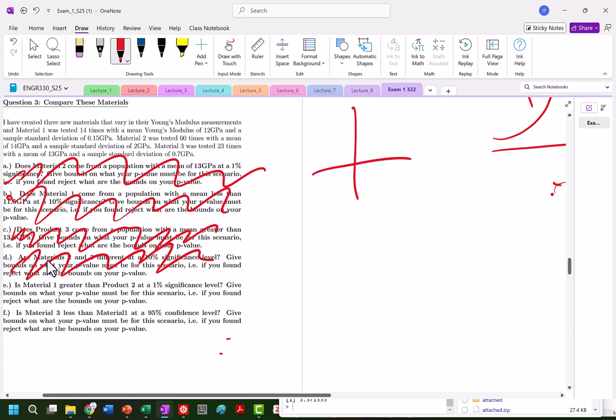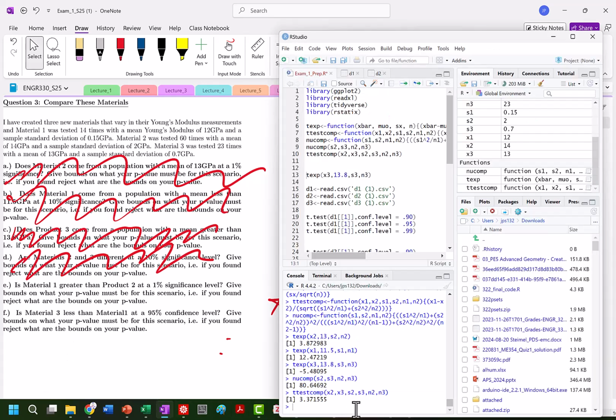So let's see. We're looking at greater, so it's a right-tailed test now on this one. And the same thing, we need the T experimental. We know that our alpha is going to just be alpha, so 0.01. And our degrees of freedom is going to be as such. So our nu comp, we're looking at material 1, material 2. So let's go ahead and do S1, S2, N1, N2. And we can copy this and just paste it here once we do x1, x2, s1, s2.